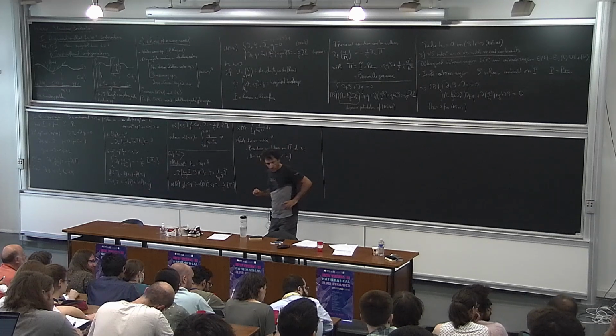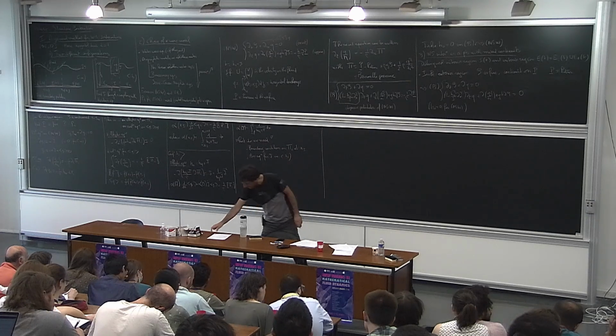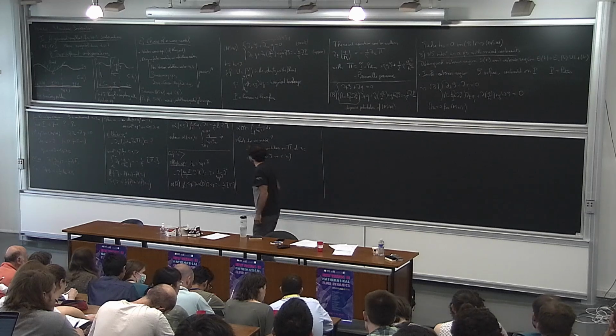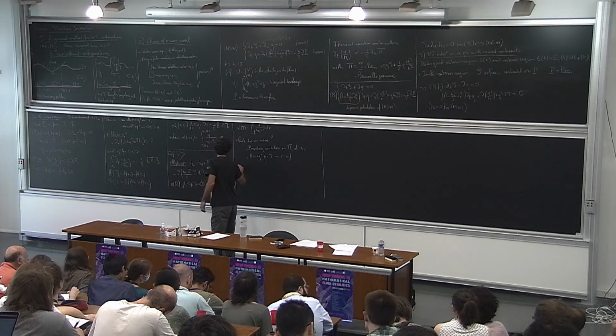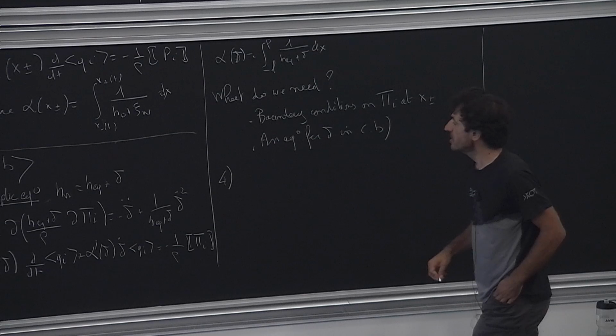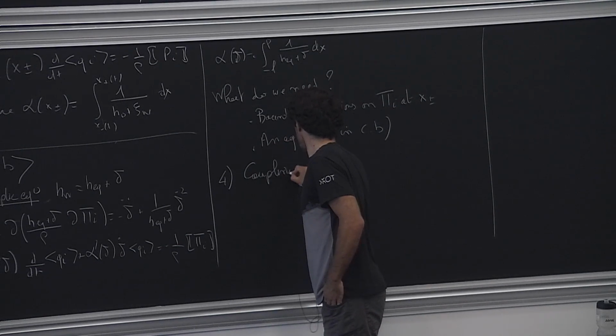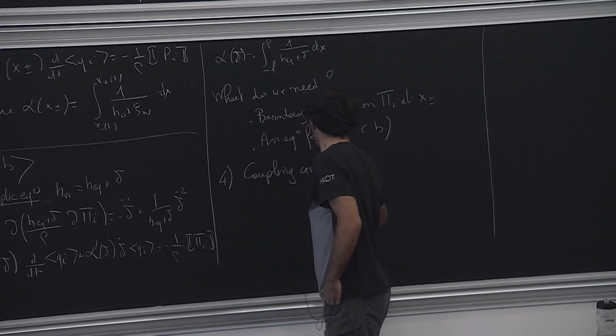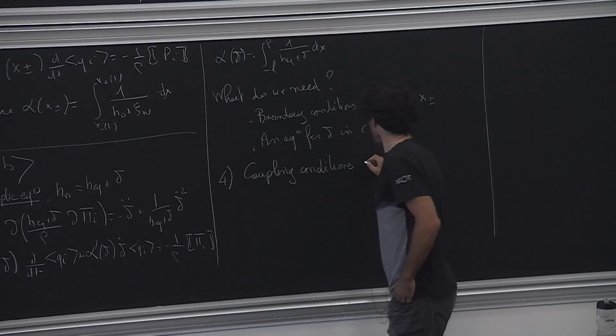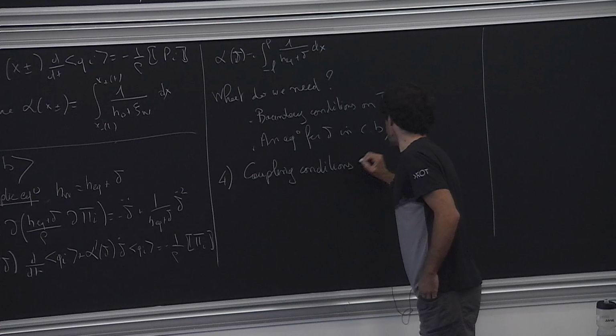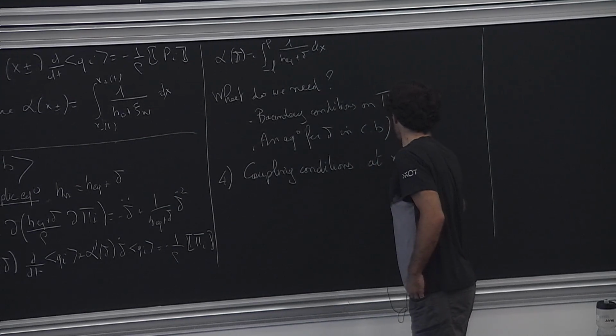So if we want to obtain this boundary condition, what do we need? This is the next step of the recipe. You need to have coupling conditions at x plus minus.